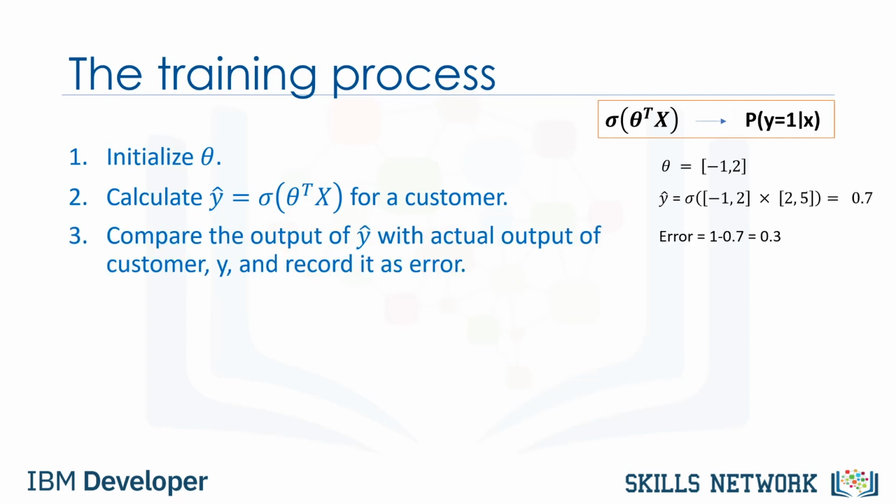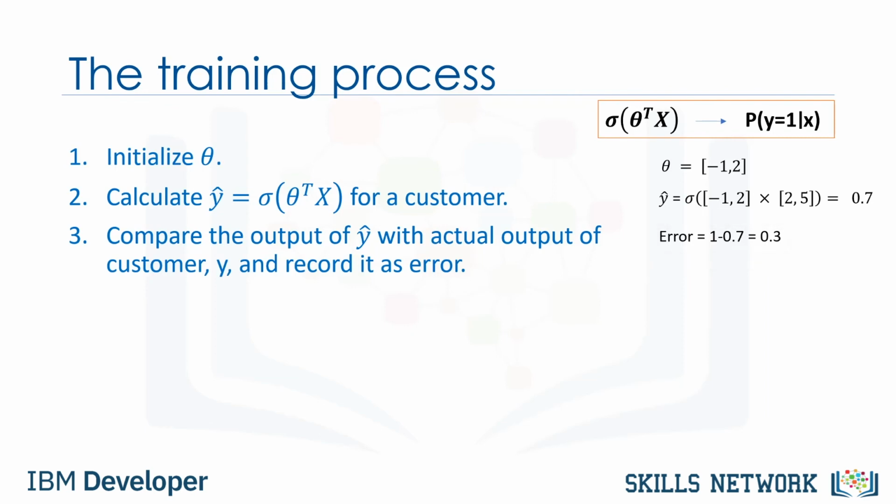Step 3. Compare the output of our model, y hat, which could be a value of, let's say, 0.7, with the actual label of the customer, which is, for example, 1 for churn. Then record the difference as our model's error for this customer, which would be 1 minus 0.7, which of course equals 0.3.